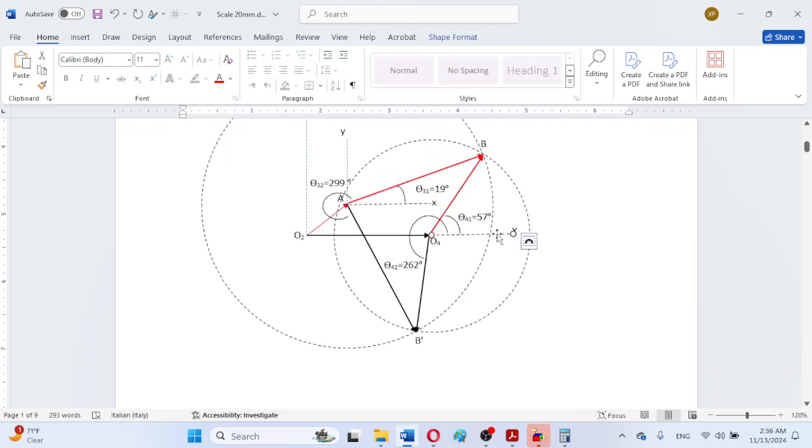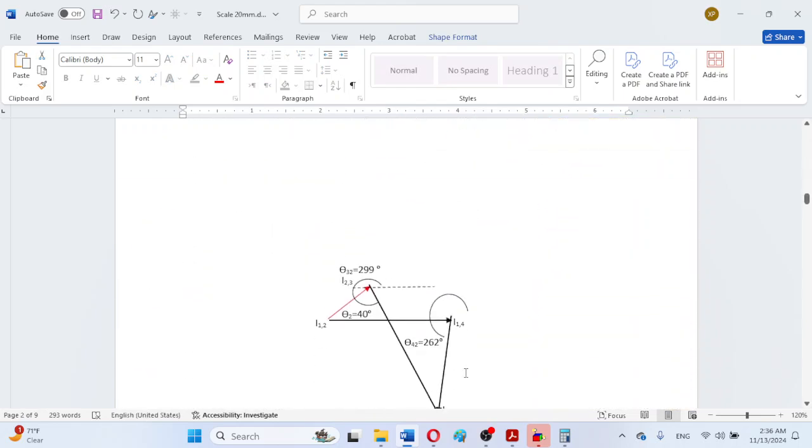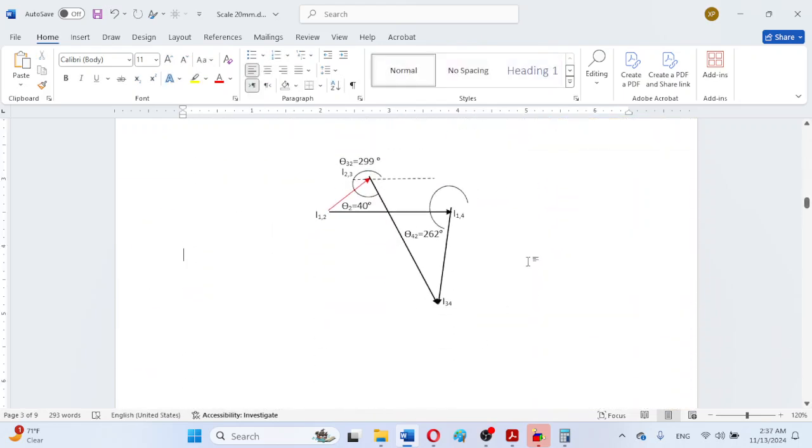Also this horizontal reference can be copied here like this.